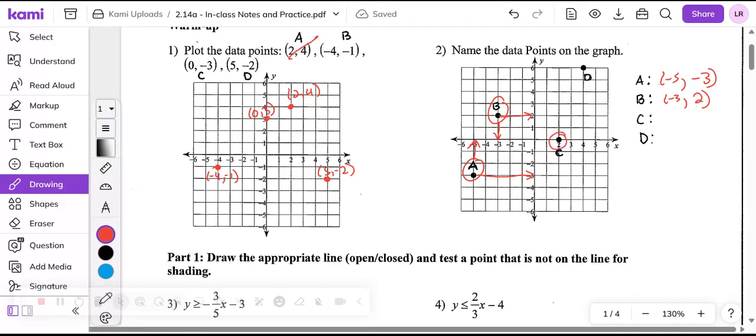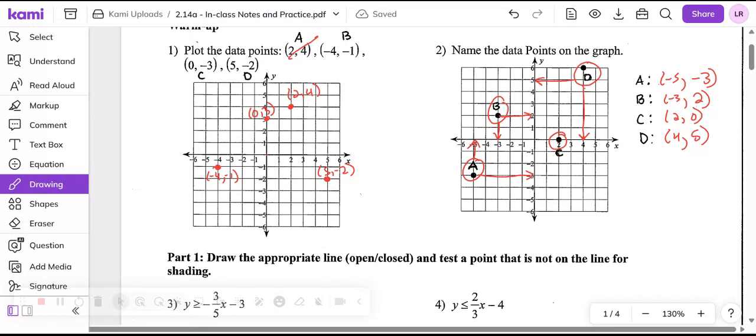For letter C, on the x-axis it is at 2, but it's at 0 on the y-axis. You don't actually go up or down any. And for letter D, on the x-axis it's at 4, and on the y-axis it is at 5. So those are our data points that we would use.